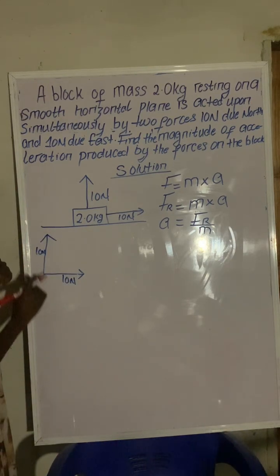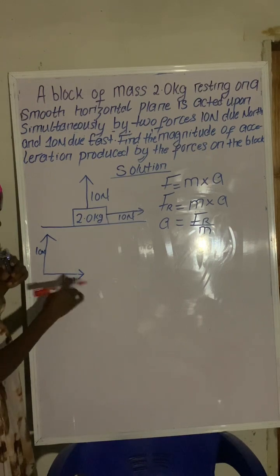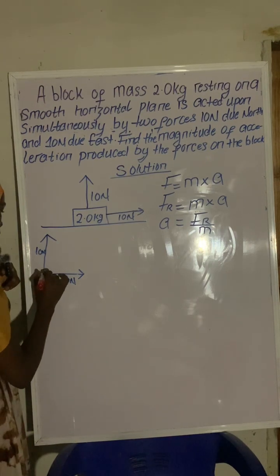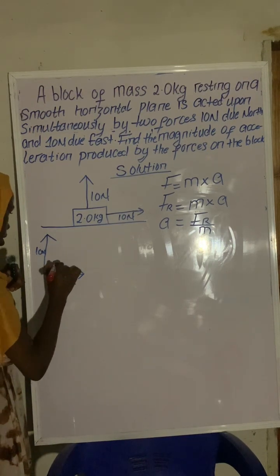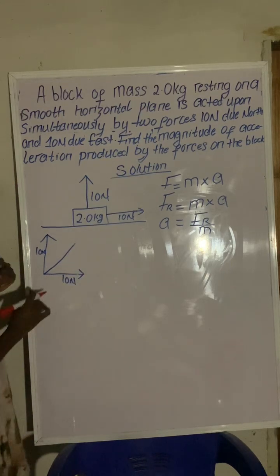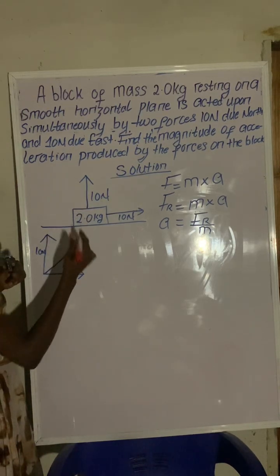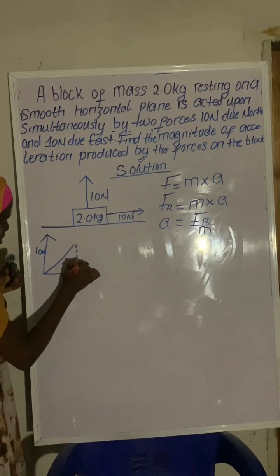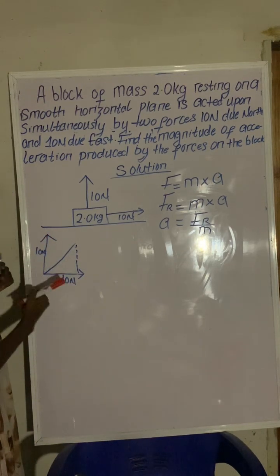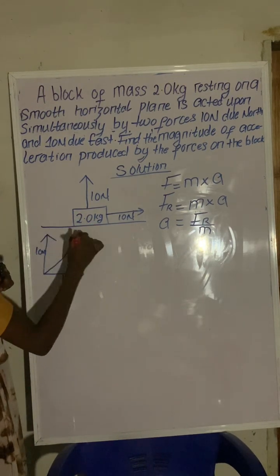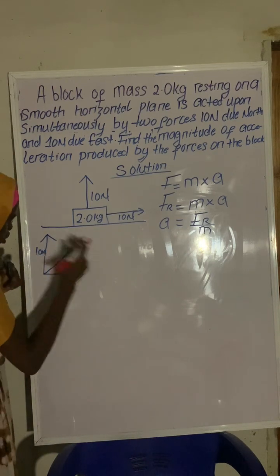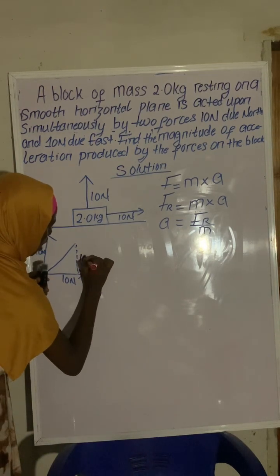For two forces acting at angle 90 to one another, we are going to draw our resultant force like this, and then complete our triangle like this. This side is the same as this side, so let's just use this triangle.